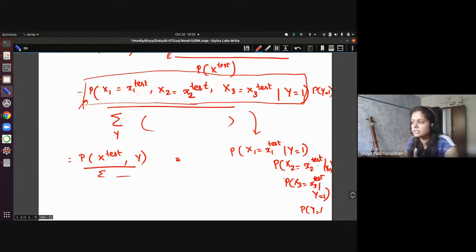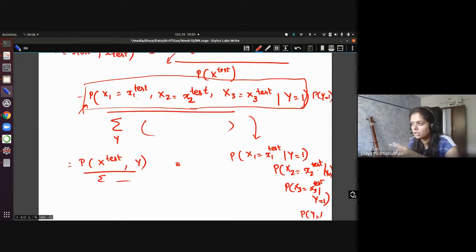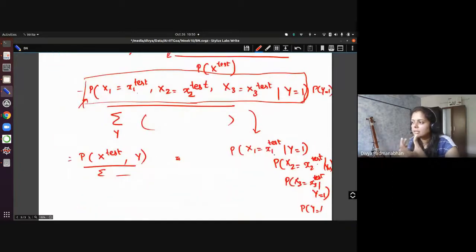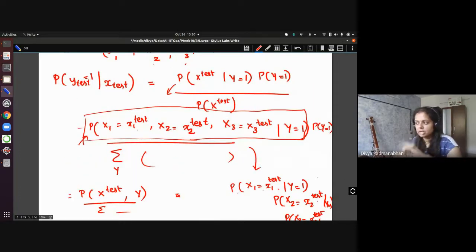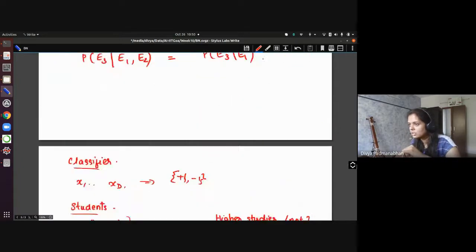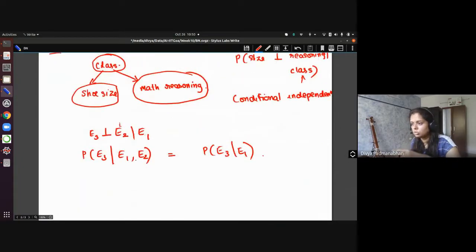You observe some data of all the x's and the y's, and this factor you compute by looking at all the possible values of x1 when y equal to 1, and then you estimate this. Each of these you do that way. So here there was this assumption of conditional independence. When we wrote this formula, I didn't actually tell you this.